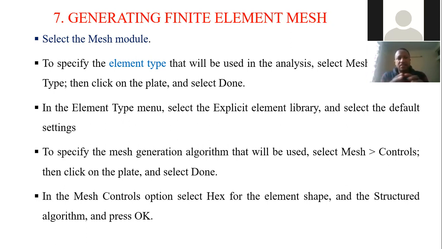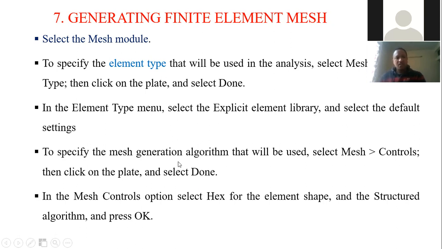In this we can define the element type, the element size, and different conditions. To specify the mesh generation algorithm that will be used, select mesh control, then click on plate. So let me do it practically, and I'm going to use the hexa type of mesh.